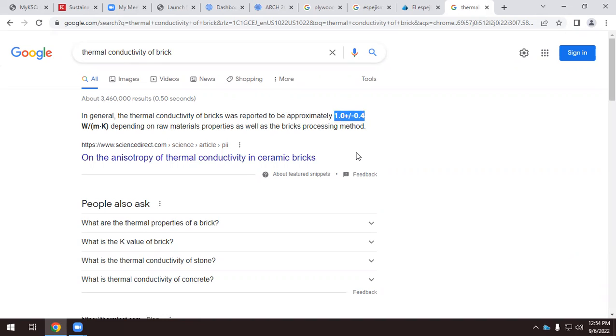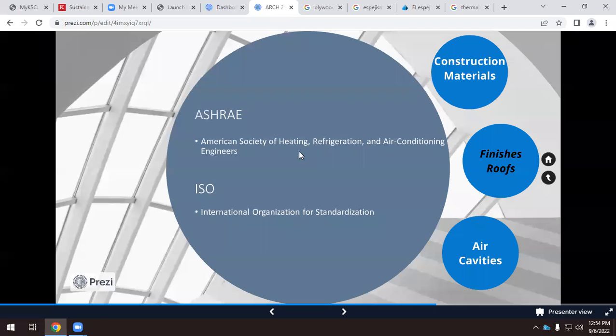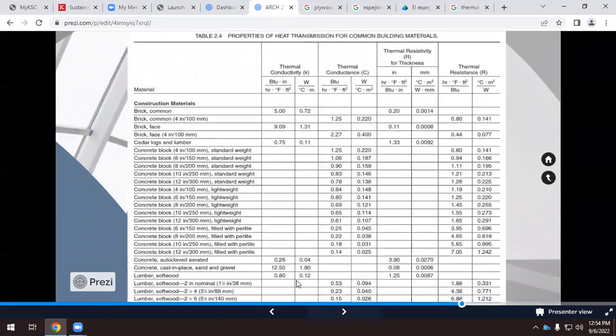Sometimes to save time, we can rely on the internet. But if you want to know the official thermal conductivity for things, then here we have the brick. This is the unit: watt, Celsius, and meter.